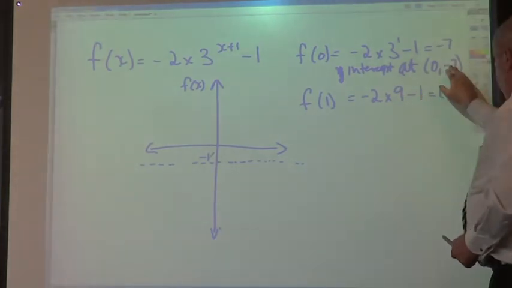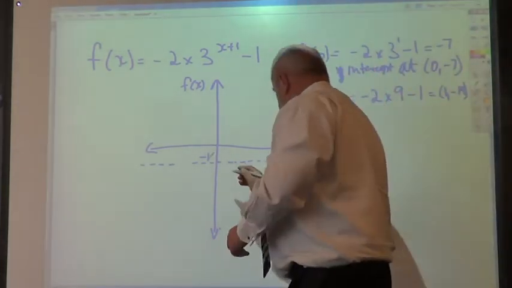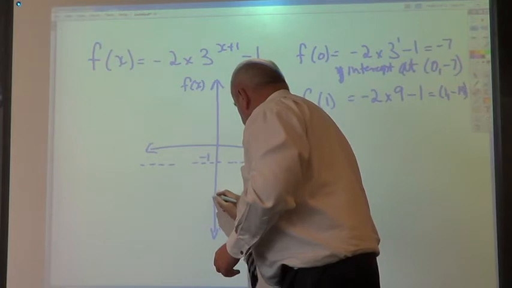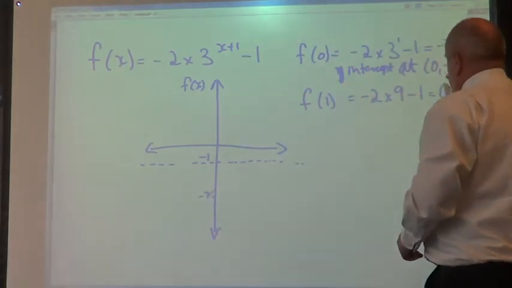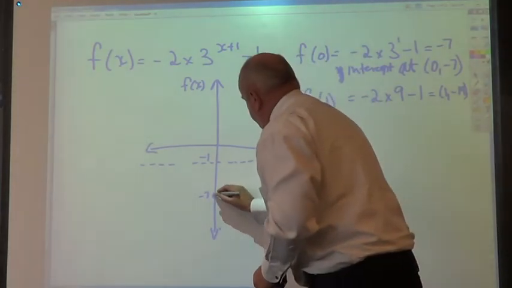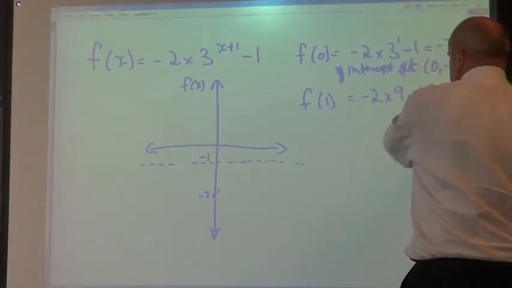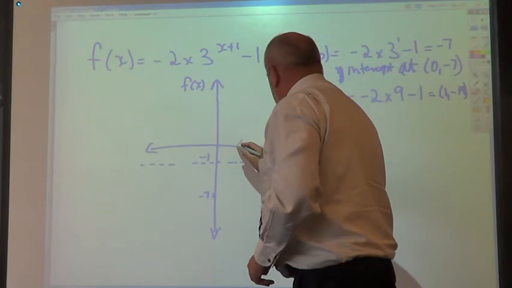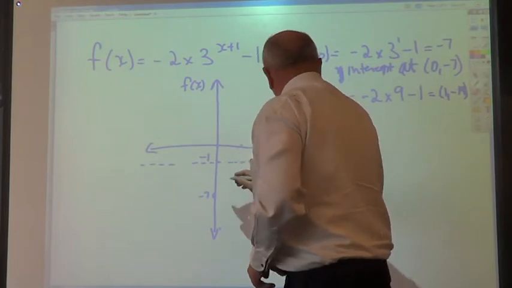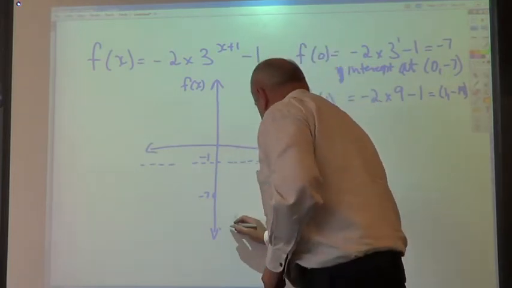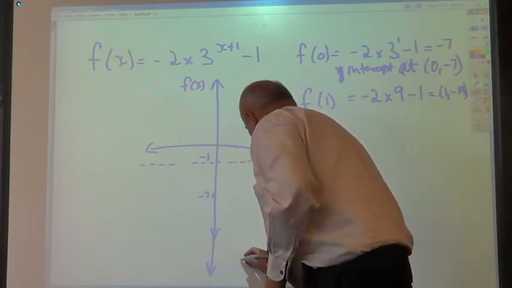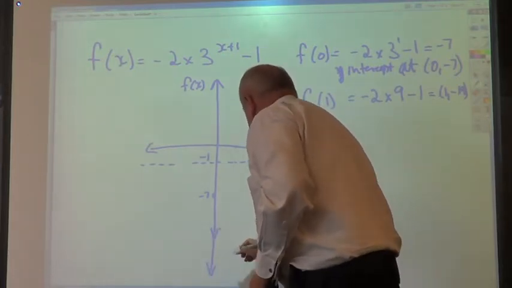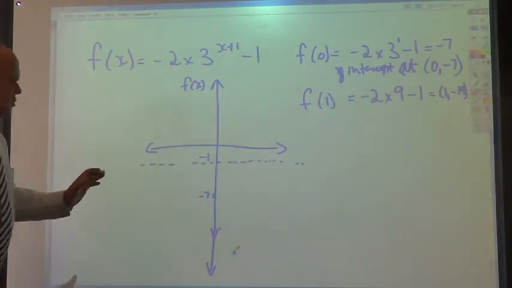Excuse me, I've got a couple of points to substitute in. This isn't really to scale, but it doesn't matter. 0, negative 7, so plot point there. And 1, negative 19 gives me another point for reference. Well, that's way down here, so it's very much not to scale. Like so. So, remember the shape?